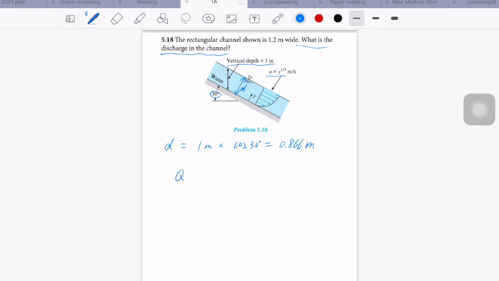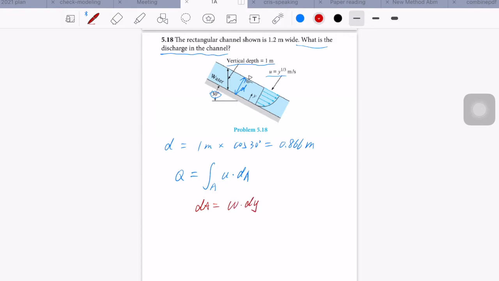So we need to apply the integral form of the flow rate equation. So Q should be equal to the integral of U times dA. And we know this is a rectangular channel, so the differential area dA should be equal to W times dy.